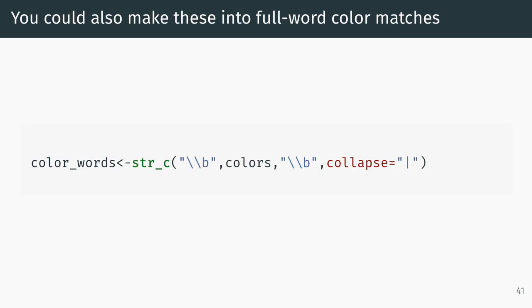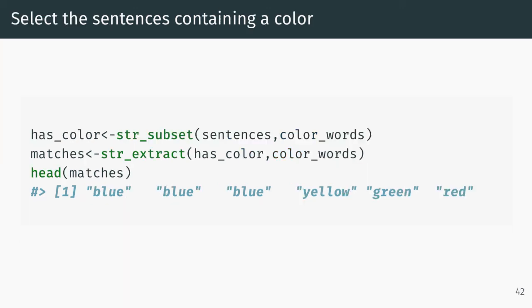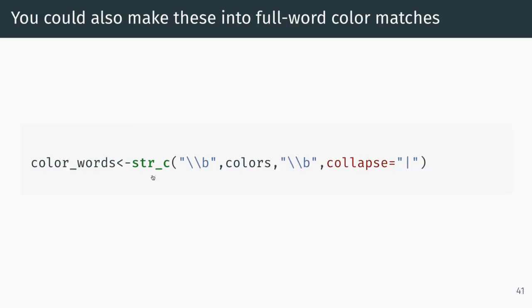Now, the textbook doesn't do this. I'm just throwing this in, because there's an odd thing in the textbook. The textbook is going to look for these colors, and red is also going to be part of some other words like colored or ordered or something like that. So what we could do is make them whole word matches.